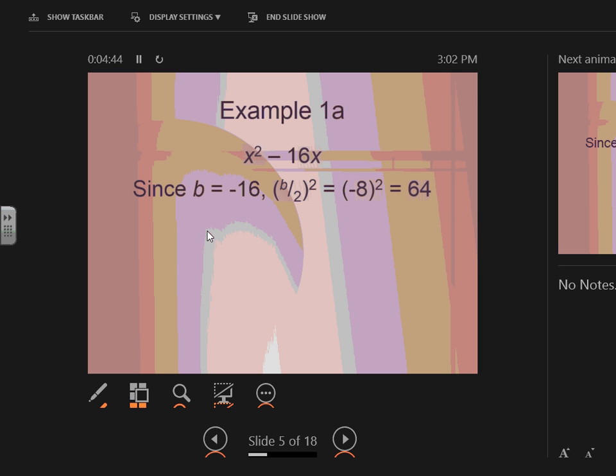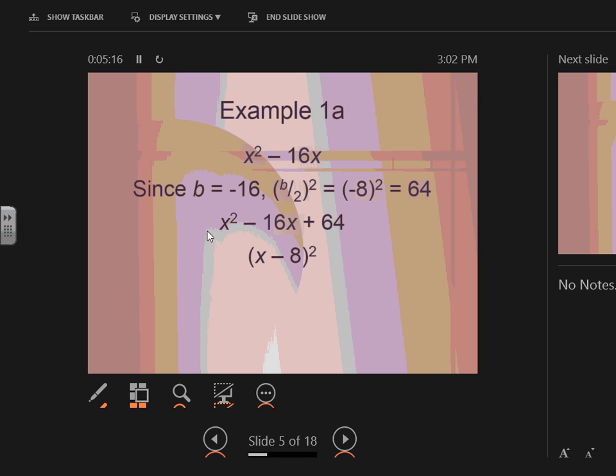Is all of those things true? Okay, so now if I tack that 64 onto the end there, can I factor that? Isn't that a perfect square trinomial now? And I know how to factor that. It's a special. What's the factor? Yes, Sydney. It would be x minus 8 squared.